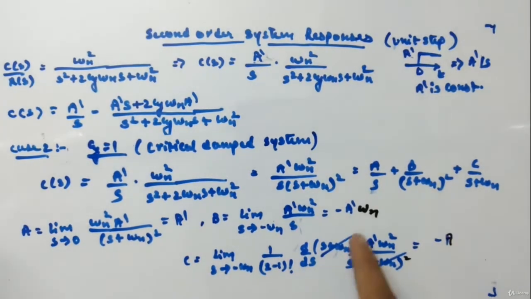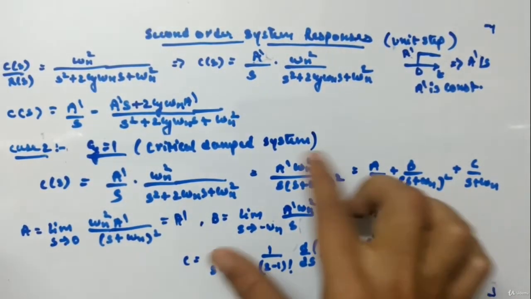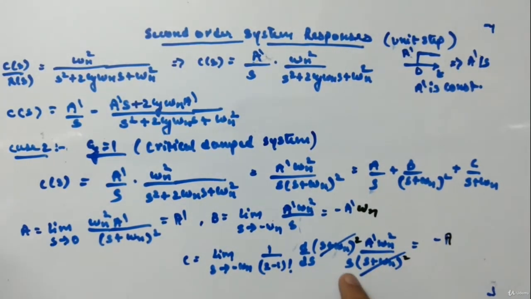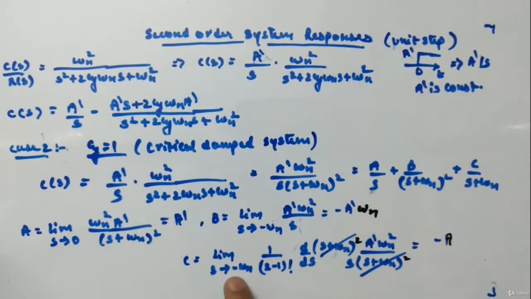Differentiate it: this was our original signal, cancelled, a dash omega n square divided by s, differentiated, which will come to minus 1 by s square. You plug in the value of minus omega n, you will get minus a dash.